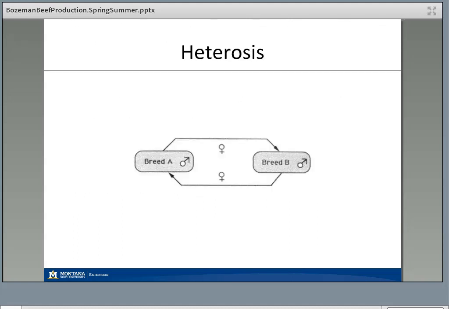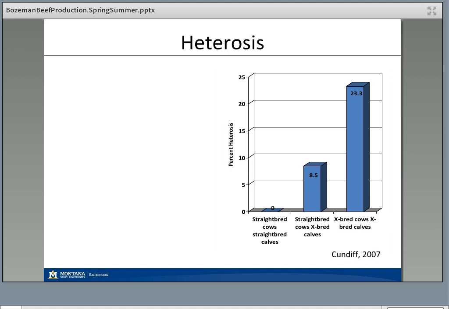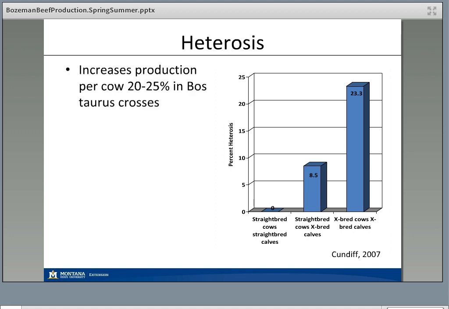So like I said when we started, we'll have a brief discussion of heterosis here. Heterosis increases production per cow 20 to 25% in Bos taurus crosses. If we look at this data from Cundiff, you can see that the amount of heterosis from a straightbred cow who has a straightbred calf is 0.